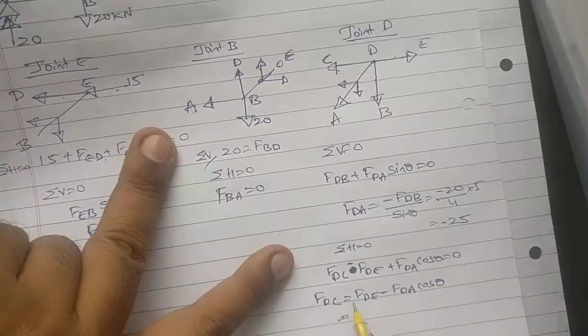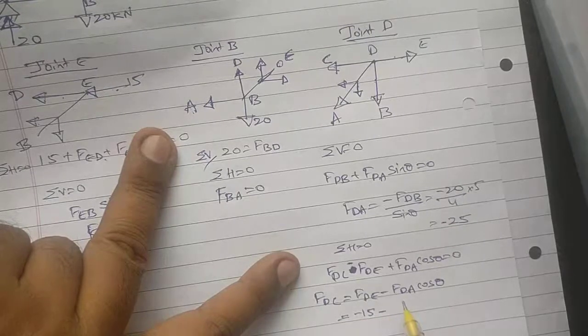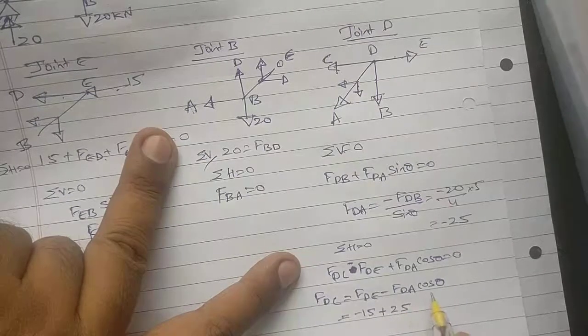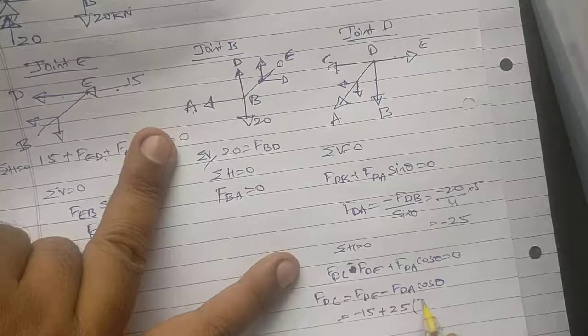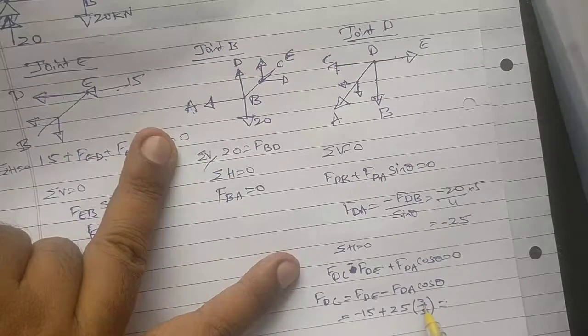So FDE is equal to minus 15. FDA is equal to minus 25. Cos theta is equal to 3 by 5, which will become 5 3s are 15, minus 15.